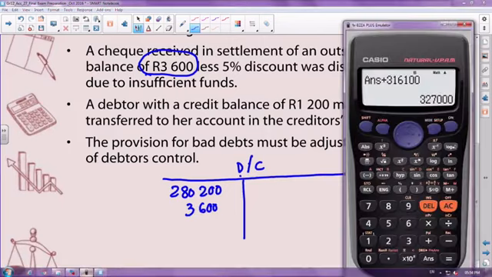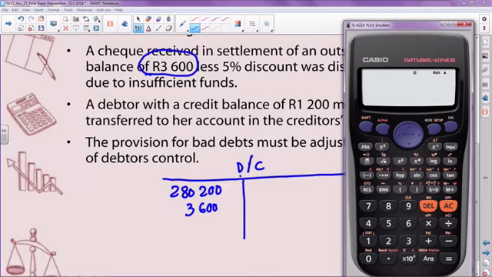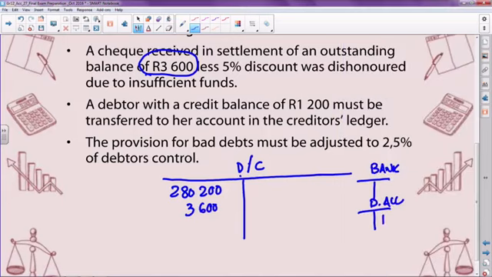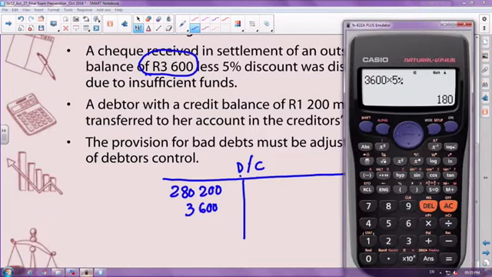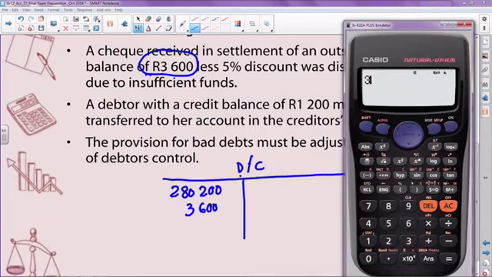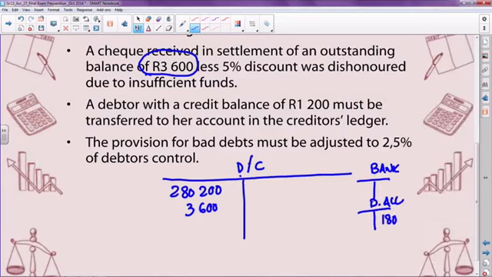It's 3,600 times the 5%, that's equal to 180. So if your discount was 180, then obviously this figure would be 3,600 minus your 180, and that would be an amount of 3,420.